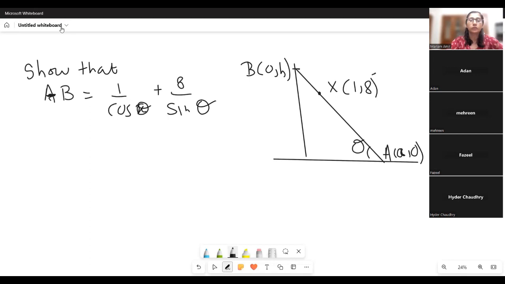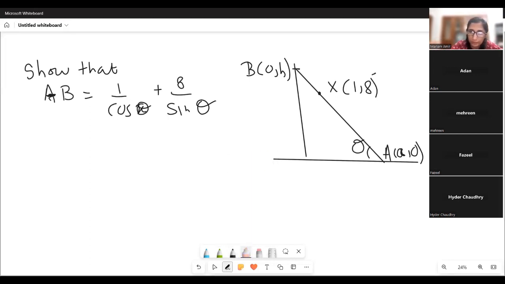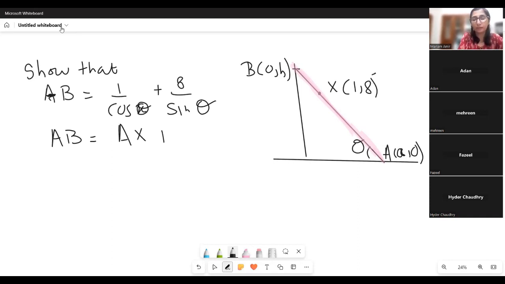Okay. So how do we show that AB is equal to that? Look at AB, the length AB in the diagram. This is AB, and AB can be written as AX plus XB.